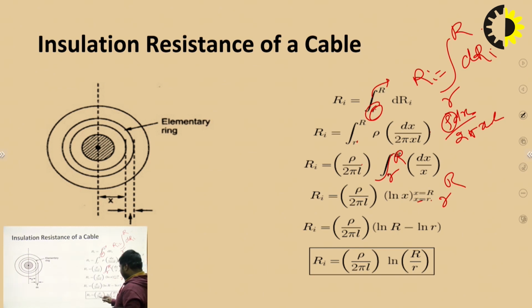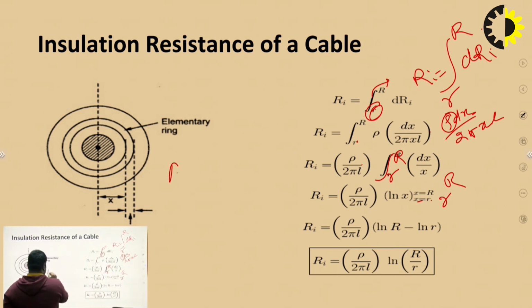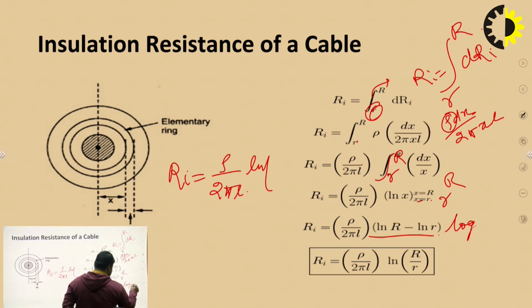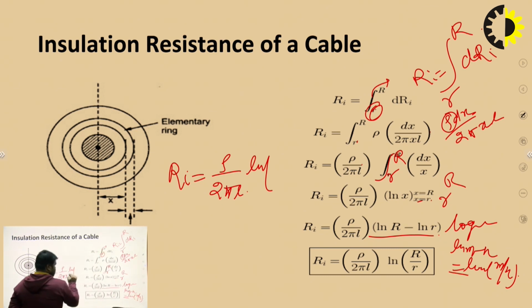Using the property of logarithms, ln m minus ln n equals ln m by n, we get Ri equals rho by 2 pi L ln capital R by small r.